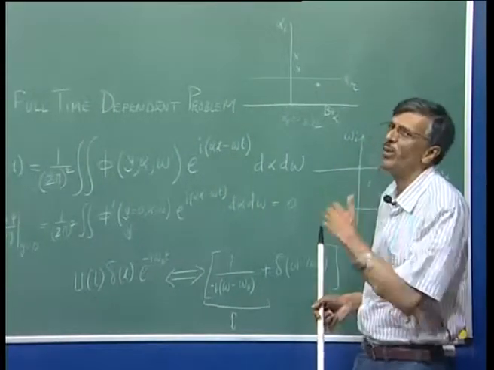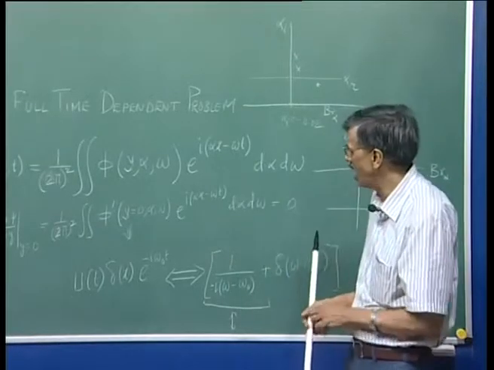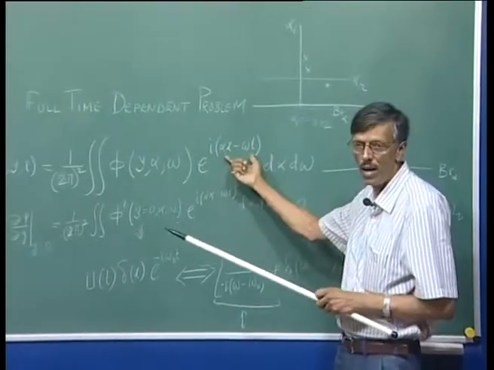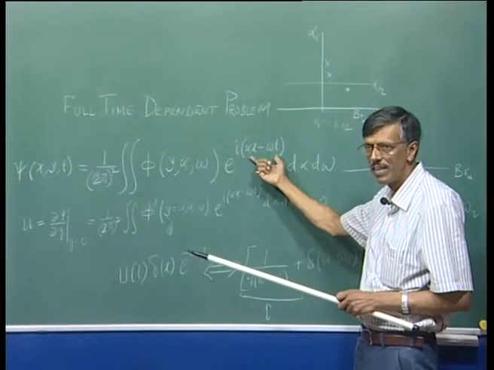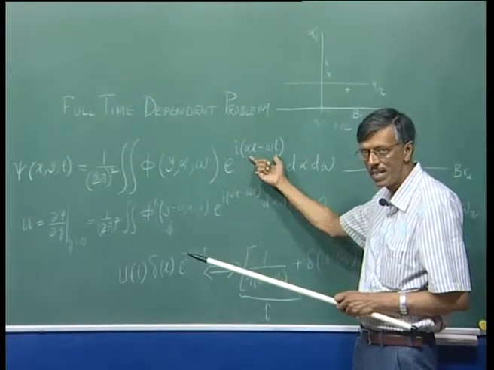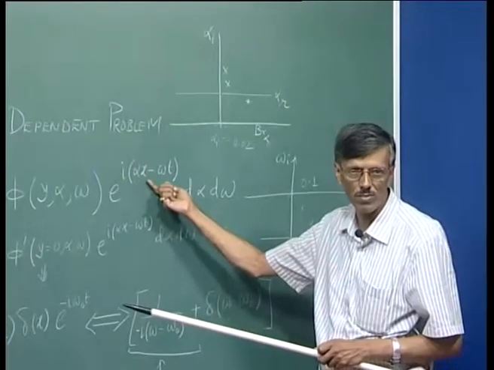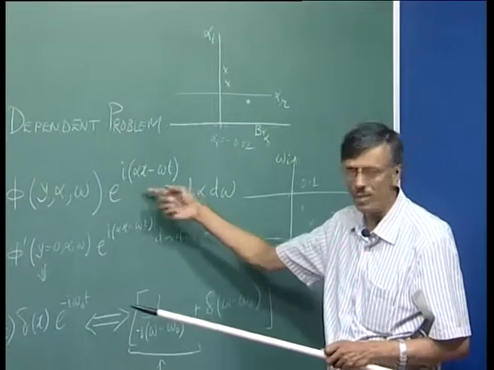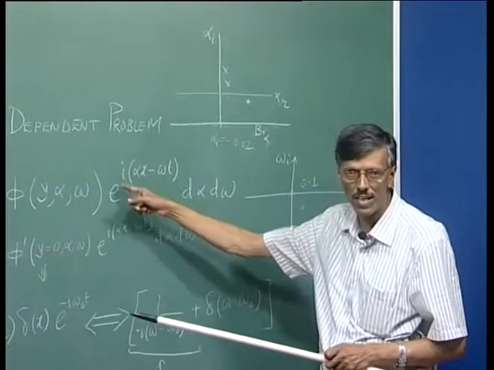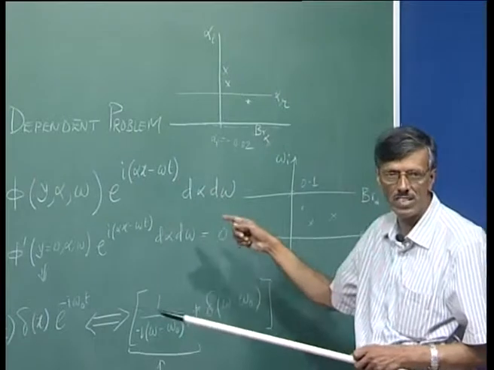Why? Because we are looking at wall modes. And if we are trying to find out the waves that go in the positive direction, downstream propagating wave, then alpha r has to be positive, because that is what we get. If I scale out alpha r here, then I will get x minus c t.